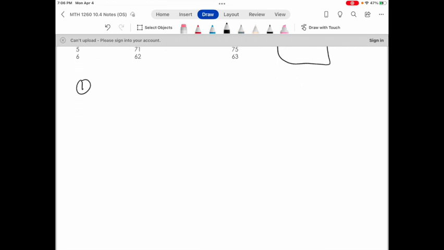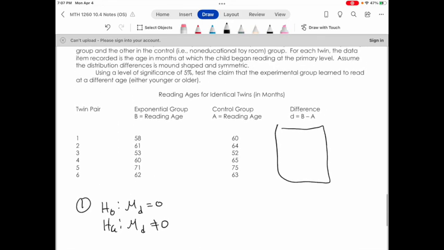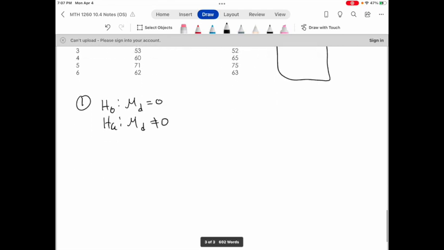So in step 1, we're going to set up our null hypothesis to be that the mean difference is equal to 0, and the alternative that the mean difference is not equal to 0, because the question specifically says we're looking to see if it's different, not if it's younger or older specifically, just if it's different.